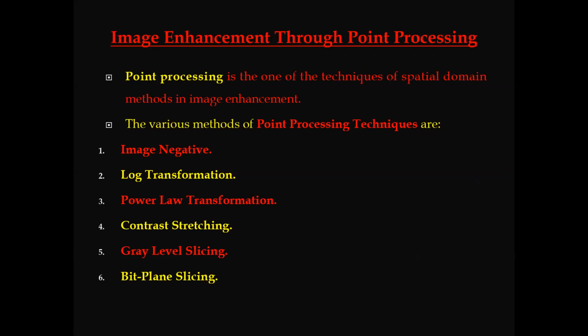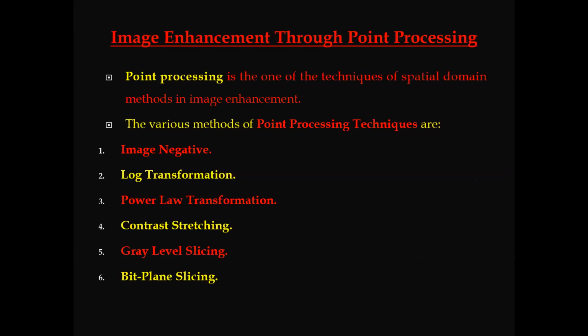So image enhancement we can perform through point processing. So what is point processing? Point processing is one of the techniques of spatial domain methods for image enhancement. The various methods of point processing techniques are image negative, log transform, power law transform, contrast stretching, gray level slicing, bit plane slicing.